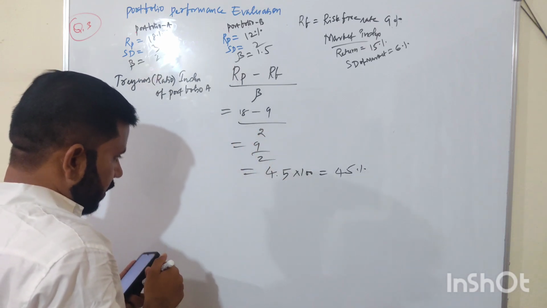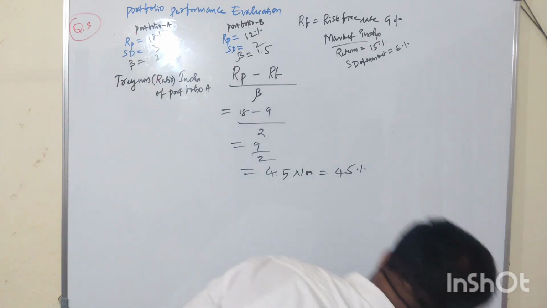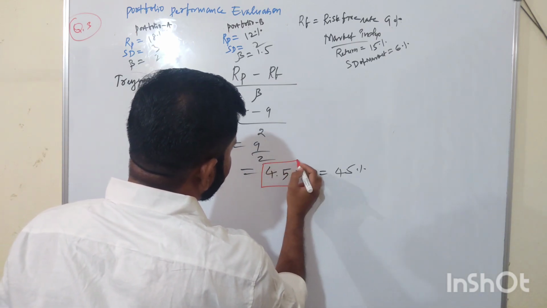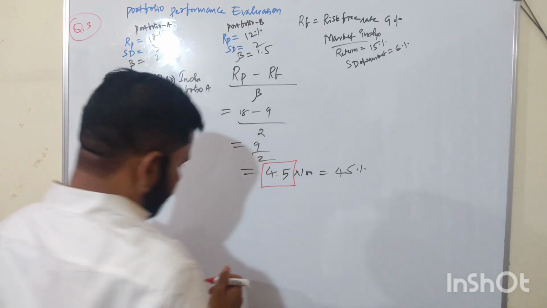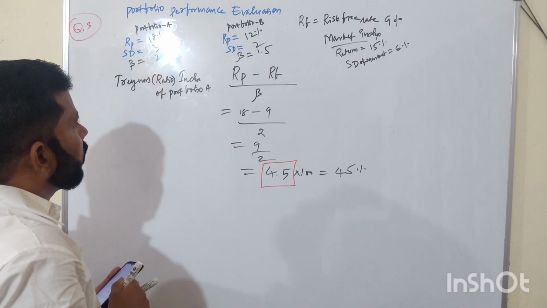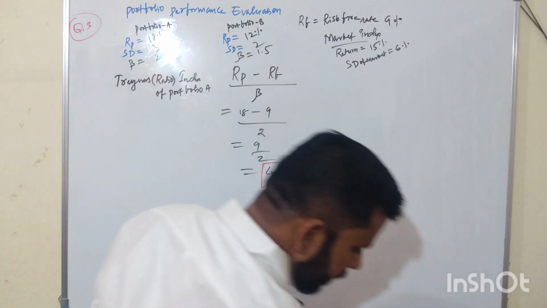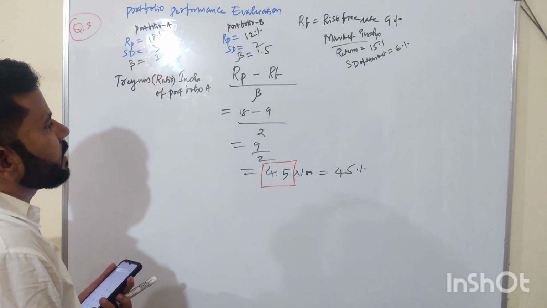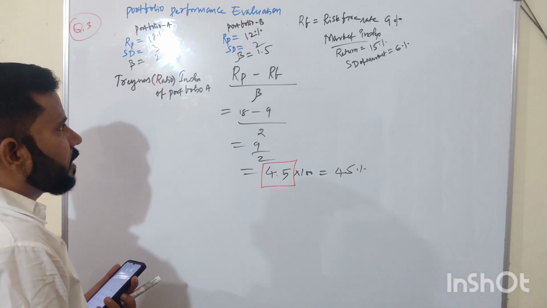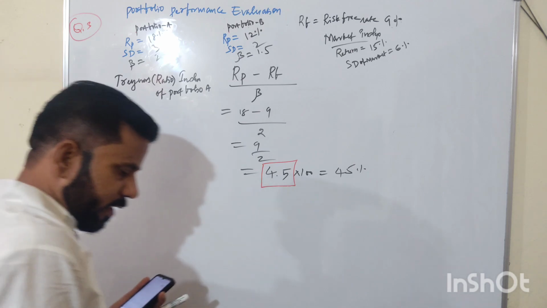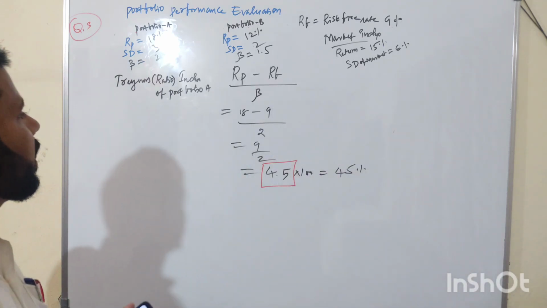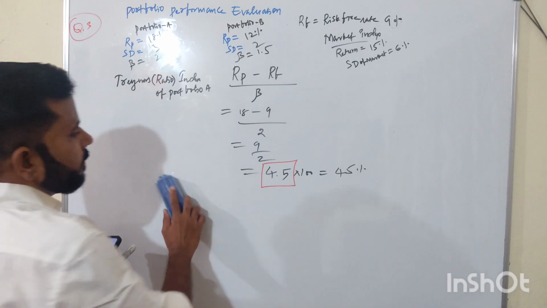So as per Treynor's ratio, 4.5 is the Treynor's ratio of portfolio A. Now let's calculate the Treynor's ratio of portfolio B.